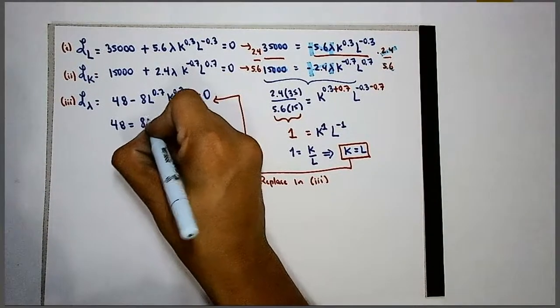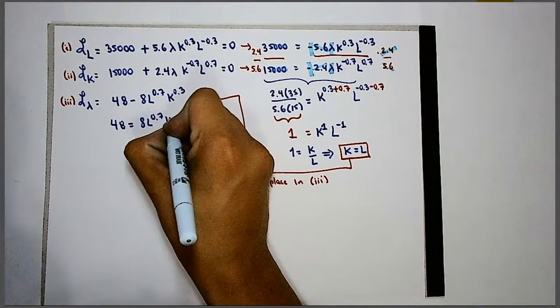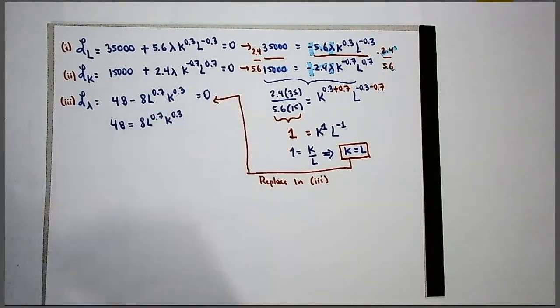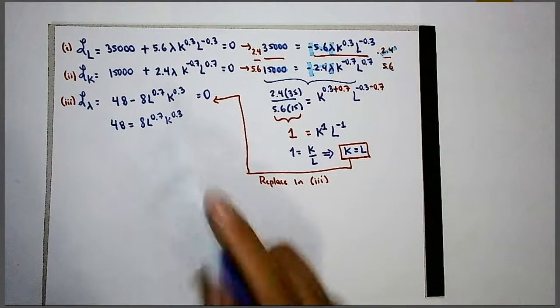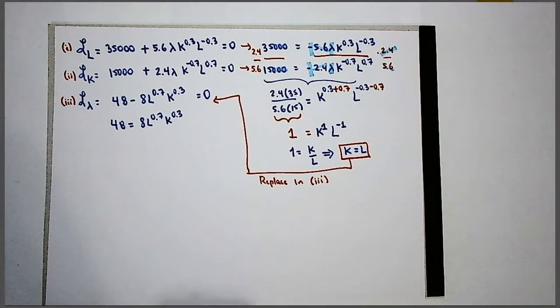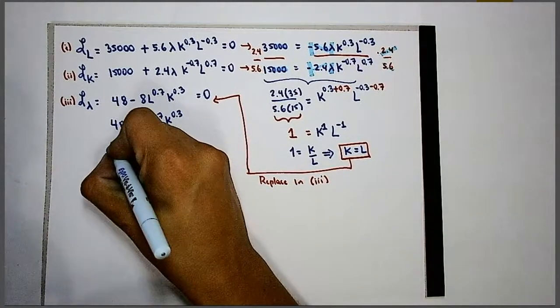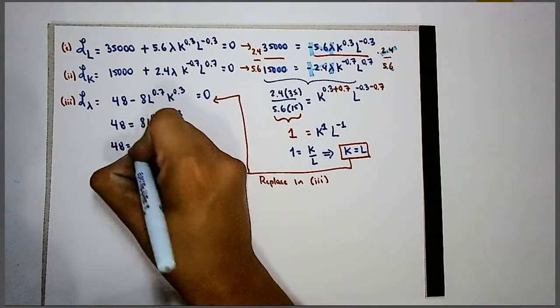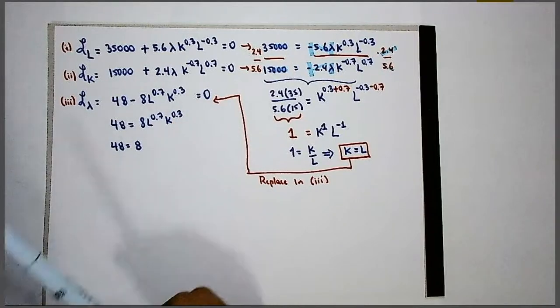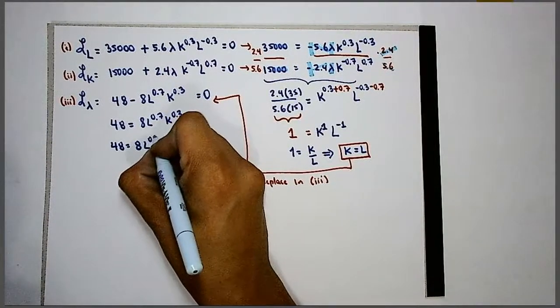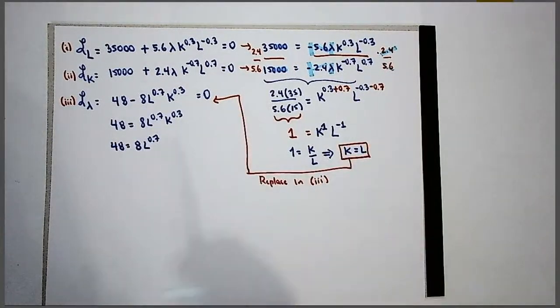So this was 8L to the 0.7, K to the 0.3. And this was the original restriction. And now K and L are the same.